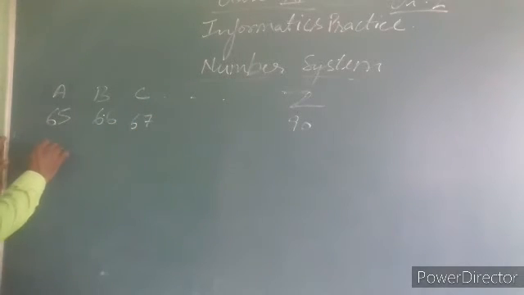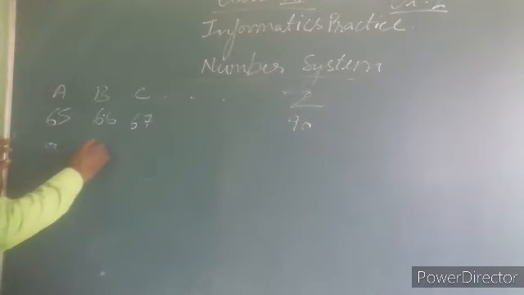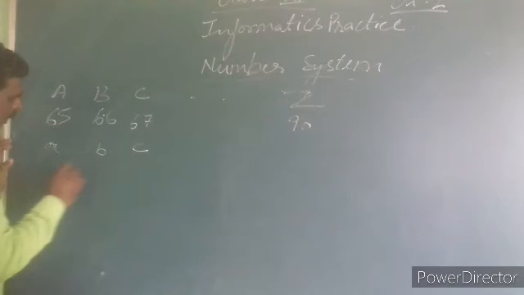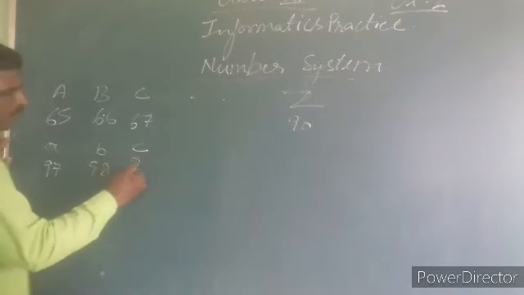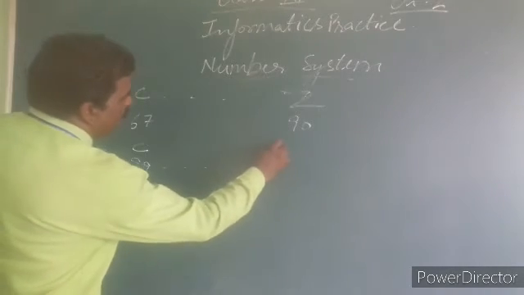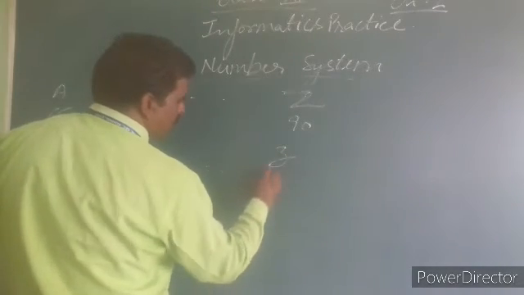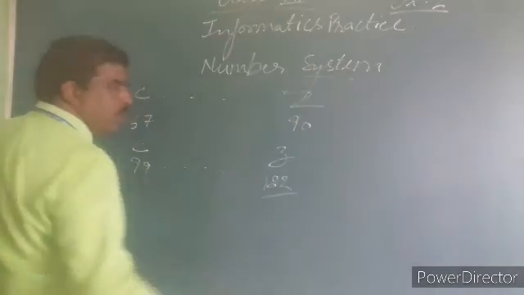After that, for small a, b, c they have defined 97, 98, 99, and so on up to 122.